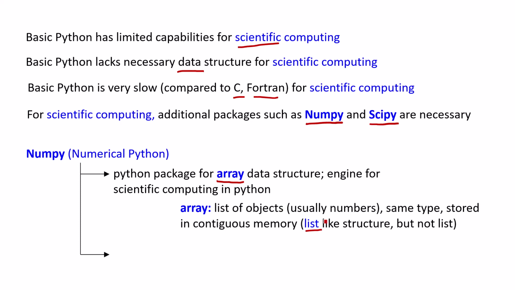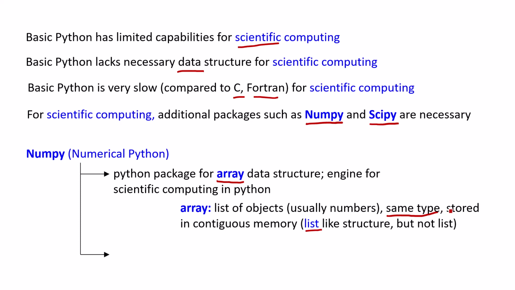But unlike Python list, here array contains same type of data. Python list may have integer, real, string all together, but we cannot have that in array. In an array, if one object is integer, then all the remaining objects will also be integer. If one object is float, then all the remaining objects will also be float.